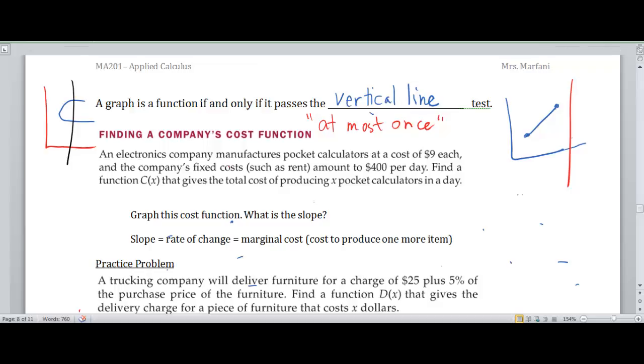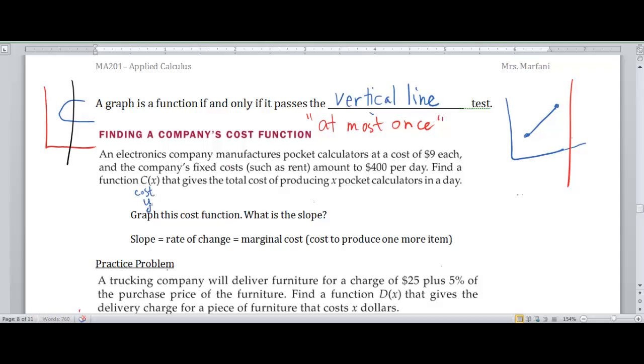An electronics company manufactures pocket calculators, cost of $9 per calculator, and the company's fixed costs amount to $400 a day. Find a function that gives a total cost of producing X calculators. Okay, so first we got to find a function, right? So let the function be, now it says find a function C. So C is my cost.